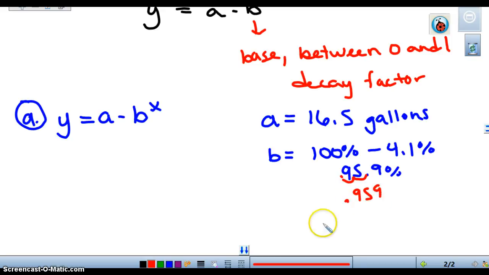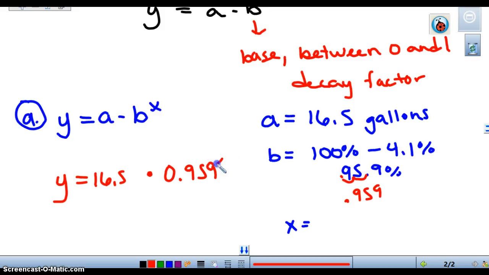What about x? What will x equal? The number of years since 1980, right? So what would my equation look like? Times 0.959 to the x power.